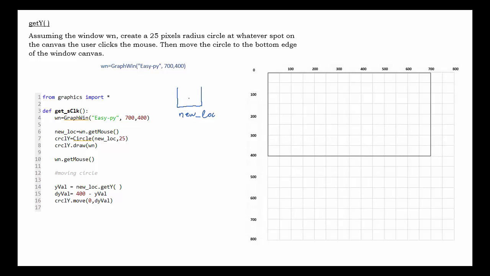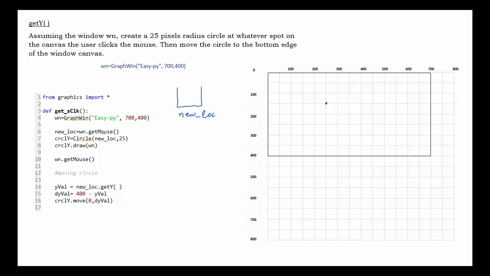In other words, this bucket will hold two numbers here. The first number will be the location of that point along the x-axis, and the second number will be the location of that point along the y-axis. So let's assume that the user goes and clicks somewhere here at this point.